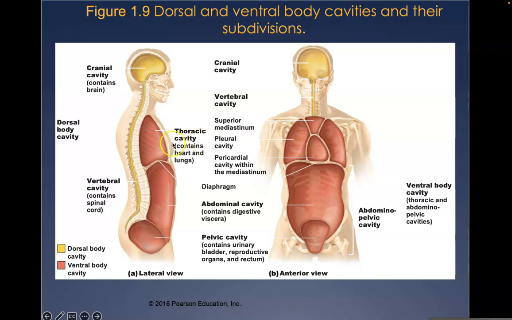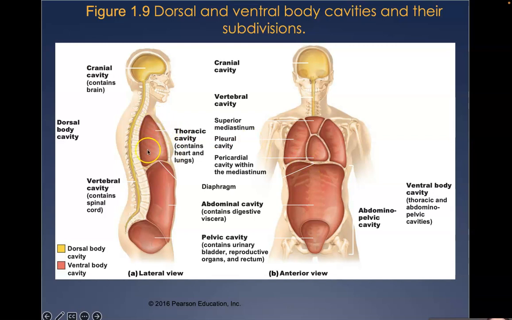On each exam, and sometimes on the practicals, I almost always get answers for this cavity, pointing here, like the pleural cavity for the lungs, or the pericardial cavity. But the thoracic cavity actually includes all of these, okay? So it's a little bit confusing. I'm going to go through what the pleural cavity and pericardial cavity are in just a minute, but again, I think that's really a confusing diagram, and you'll find out why in just a minute.